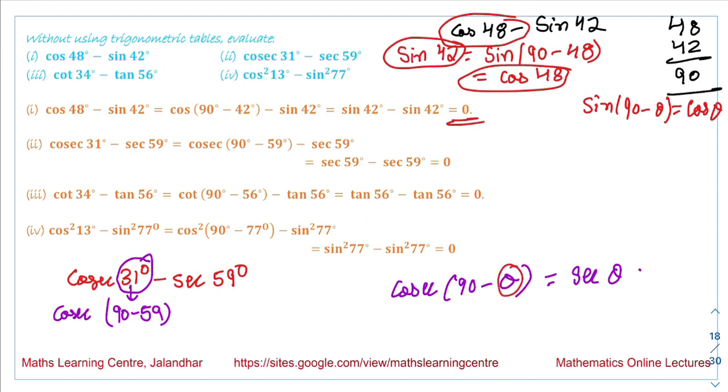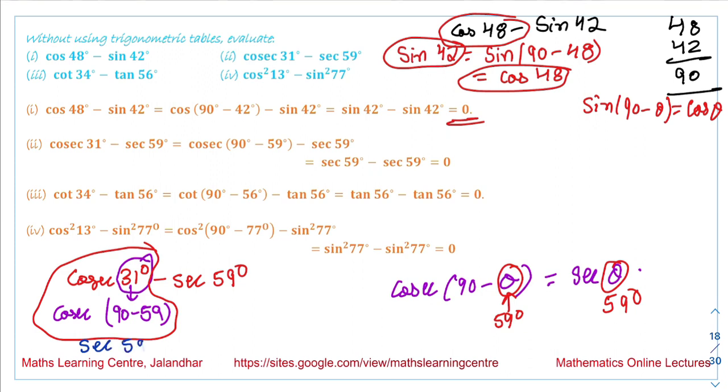The value of theta over here is 59 degrees. So this whole term becomes secant of 59 degrees. So we get secant of 59 degrees minus secant of 59 degrees, and the final answer is equal to 0.